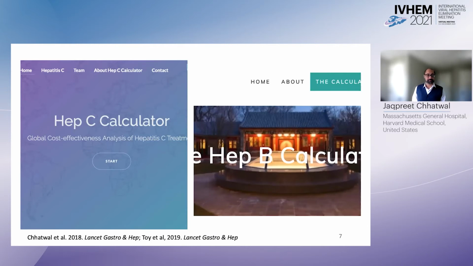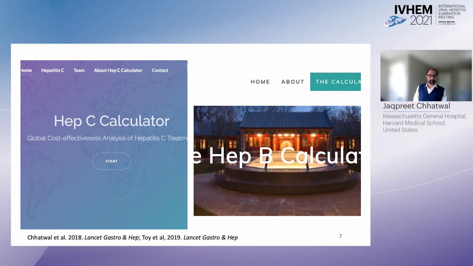There are two specific tools, the hepatitis B and C calculators, which were developed in collaboration with the World Health Organization. These are interactive tools with multiple countries, which can show, for a given price, if a treatment is cost effective or cost saving, and also how long it will take for those treatments to become either cost saving or cost effective. Now, such evidence can be very useful for price negotiations, and can also be very useful for informing an investment for treatments for both hepatitis B and C.